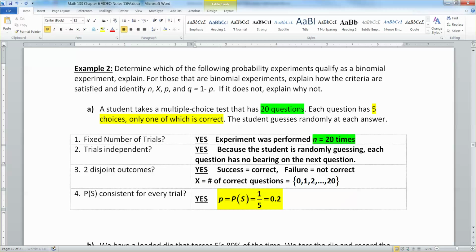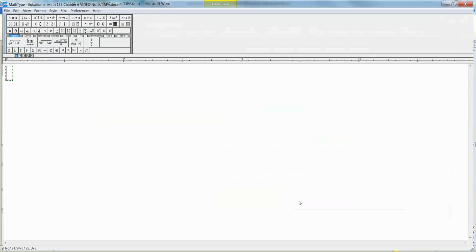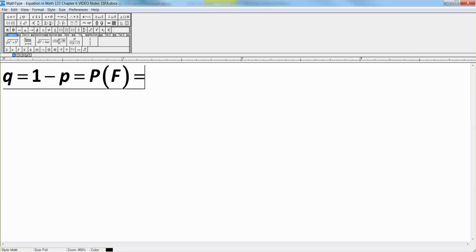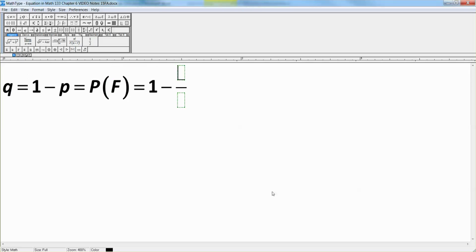That's going to mean that your probability of failure is the complement of that, because there's only 2 options, correct and not correct. If your chances of getting it correct are 1 out of 5, then your chances of not getting it correct are the complement. So q, which is 1 minus p, is the probability of failure. And that would be 1 minus 1/5, which is 4/5 or 0.8.